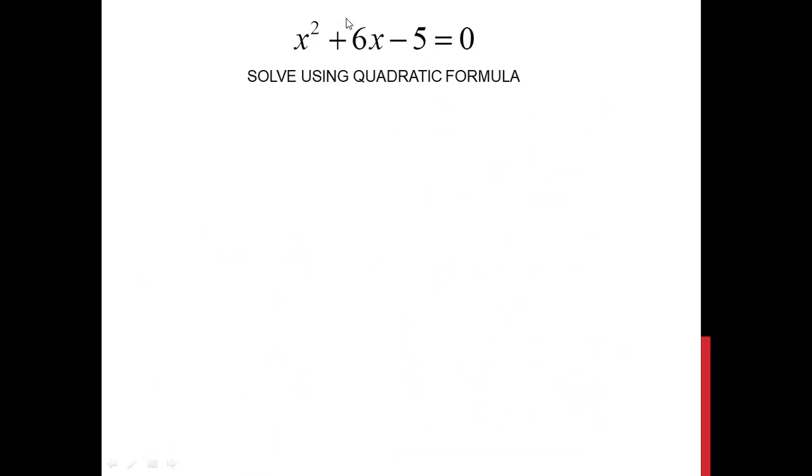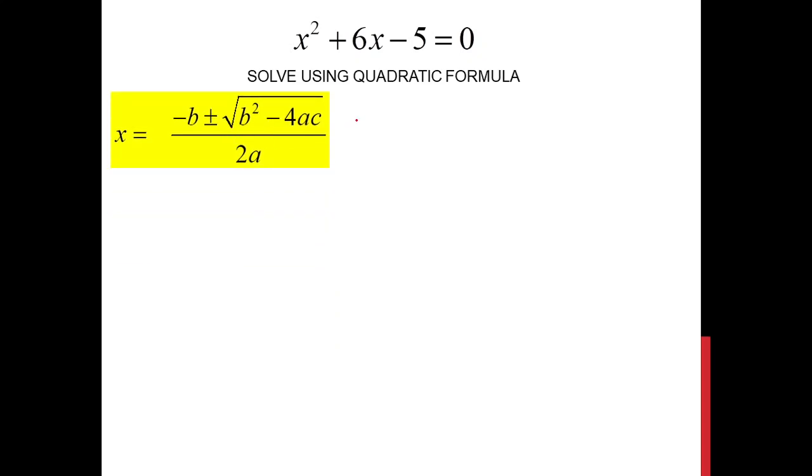Next equation. The second equation is x squared plus 6x minus 5. Let's see if we could still come up with the same result as the completing the square. Again, we use the quadratic formula in solving this one. We need to find the value of a first, which is 1. You have your b equal to positive 6, and your c is equal to negative 5.